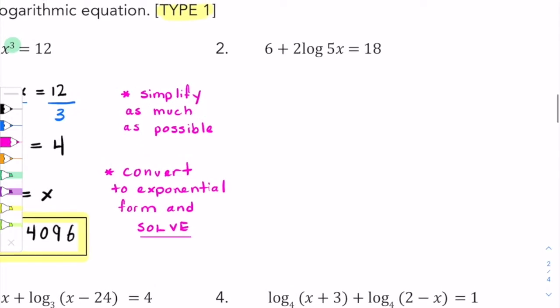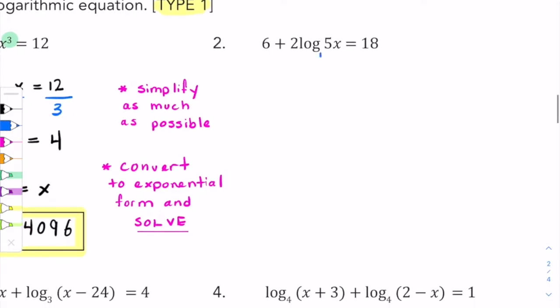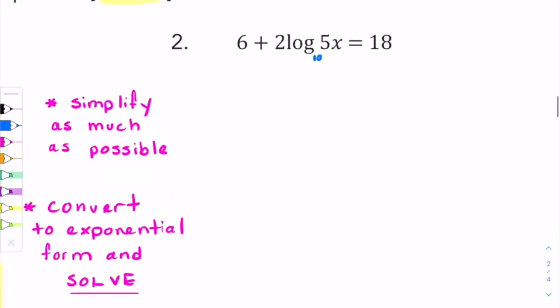Number 2, 6 plus 2 times log, this would be base 10 of 5x is equal to 18. Don't forget the common logarithm is always base 10. We need to isolate the log. In order to do that, I'm going to subtract 6 from both sides.